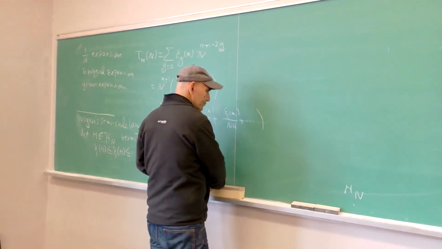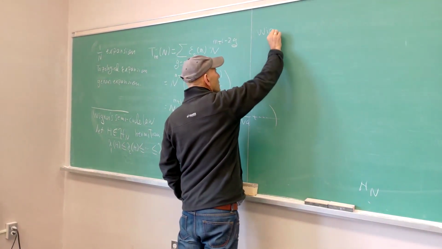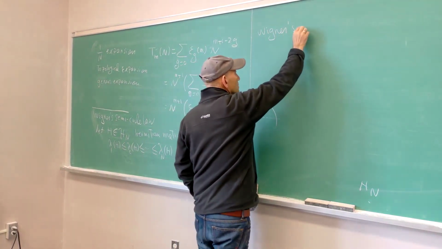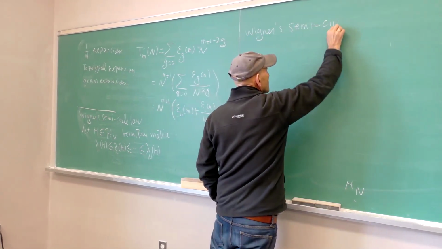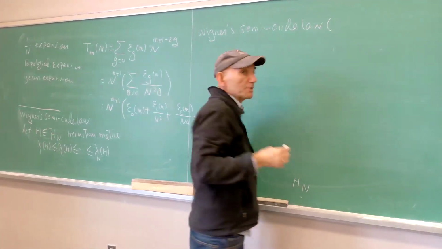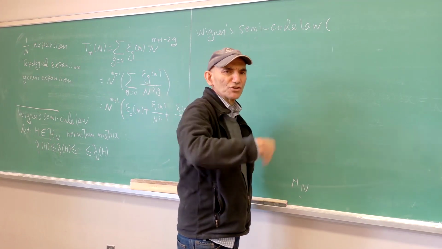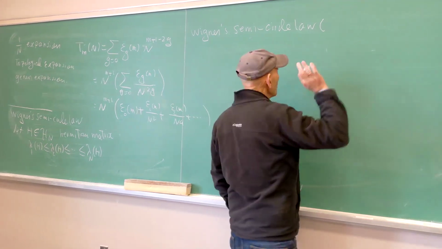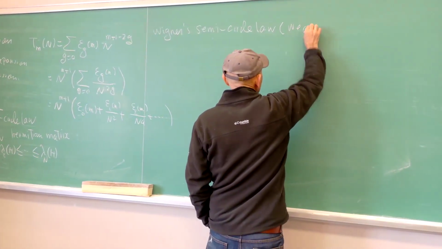This is the weakest form of Wigner's semicircle law. There can be a little more general and a stronger form, but that's enough for us for now.